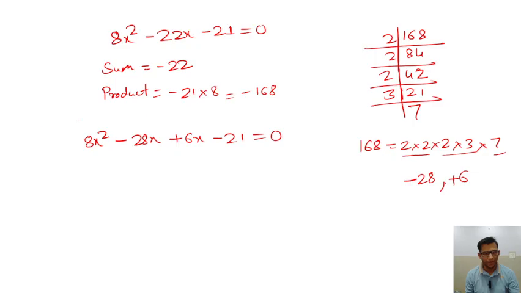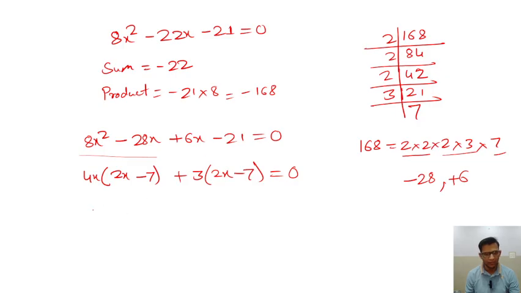Now if I take 4x as common in the first two terms, inside the bracket I'll get 2x minus 7. And if I take 3 as common, I get 2x minus 7 inside the bracket.